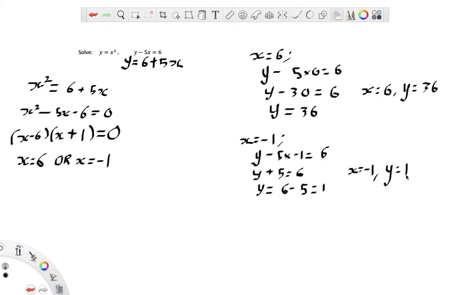Okay, now I want to talk about, because I haven't really spoken about this, what do these solutions mean? It's all very well and good solving these sets of equations, but what do the solutions mean? So to show this, I'm just going to quickly draw an axis.